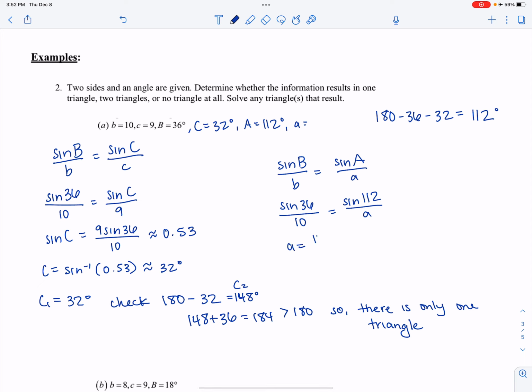A is 10 sine 112 over sine 36, which is approximately 15.77. And we have done it. We've solved it. We have even determined that there's only one triangle.